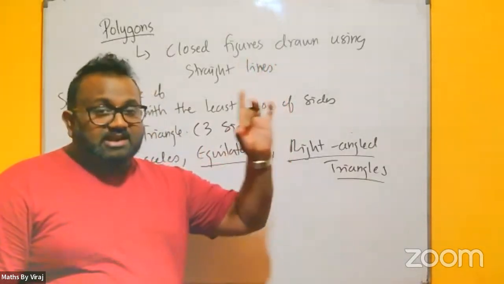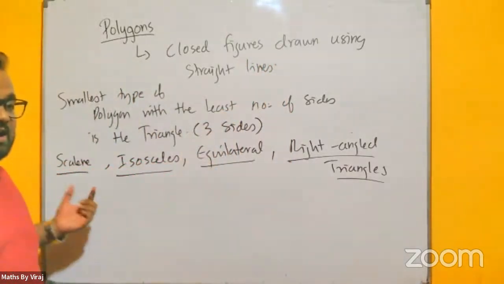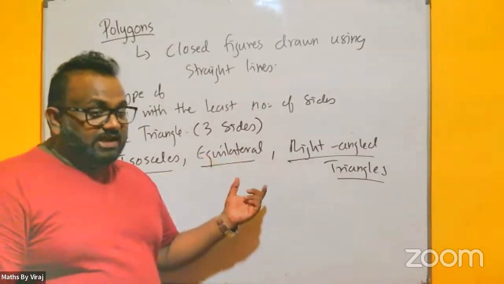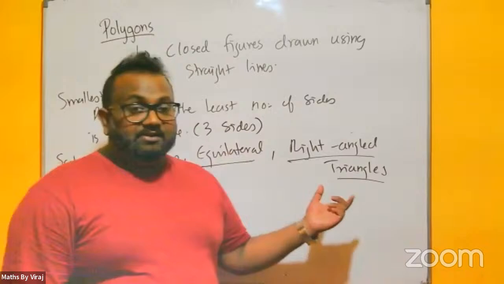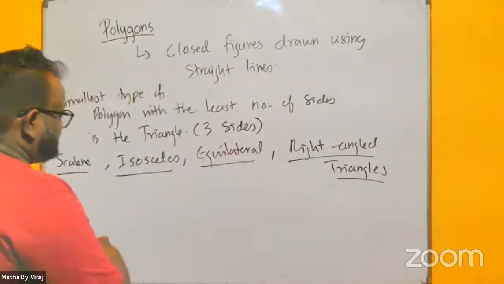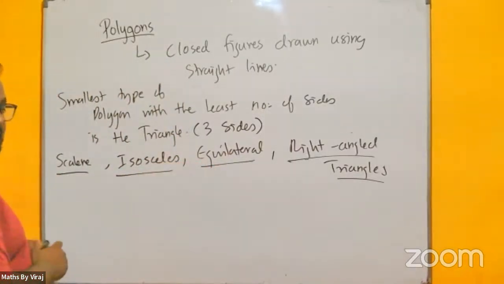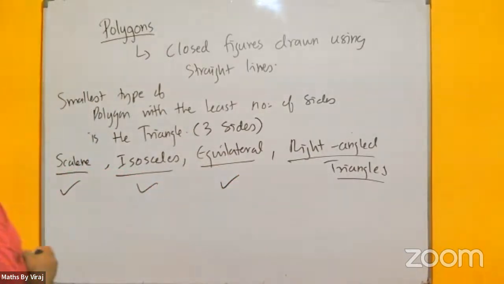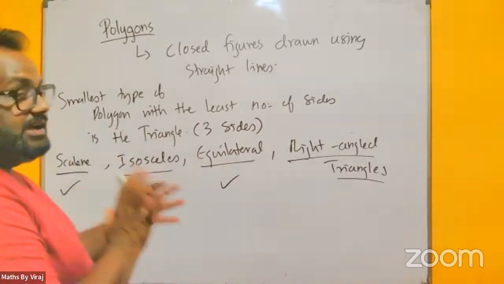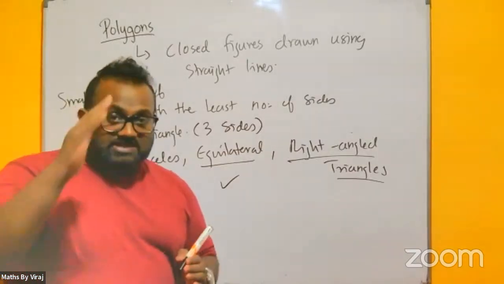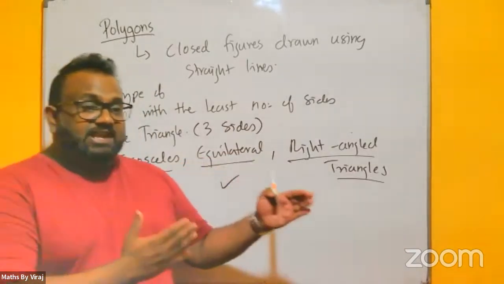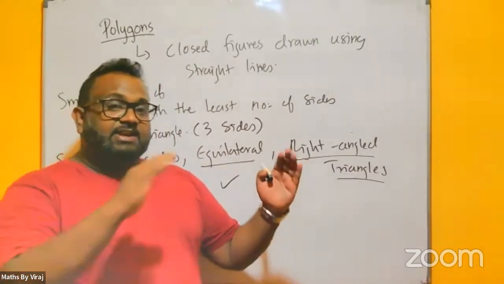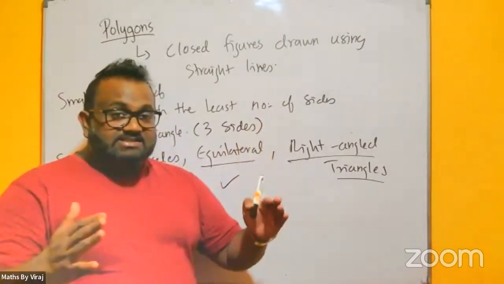But a triangle can be further subdivided into scalene triangles, isosceles triangles, equilateral triangles, and right angle triangles. The scalene, isosceles, and equilateral triangles are categorized according to the lengths of the sides and the values of the angles, whether the angles are equal in value, whether the sides are equal.